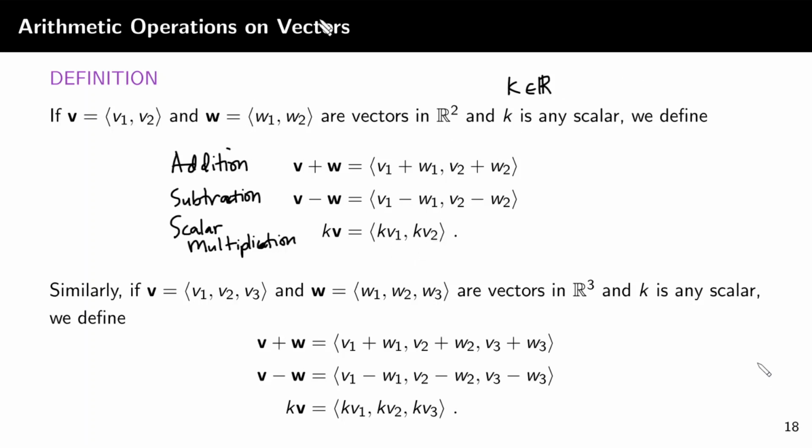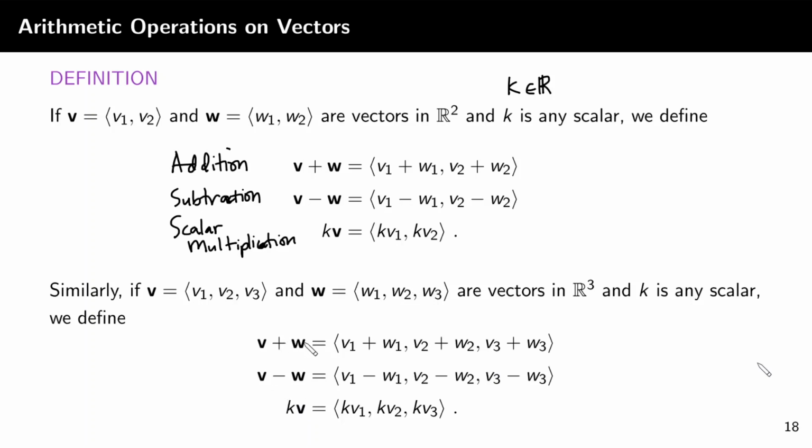Okay. Now, in R3, if V has components V1, V2, V3, and W has components W1, W2, and W3, and K is again a scalar, yung addition, subtraction, and scalar multiplication are analogous. Now, since tatlo na yung components natin, of course, tatlo din yung magiging components nung sum, difference, at scalar product.